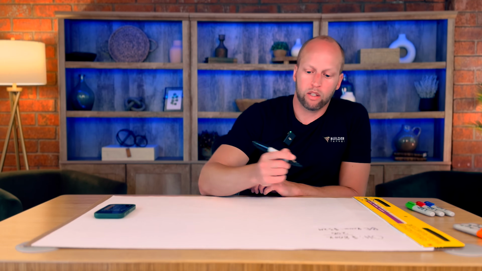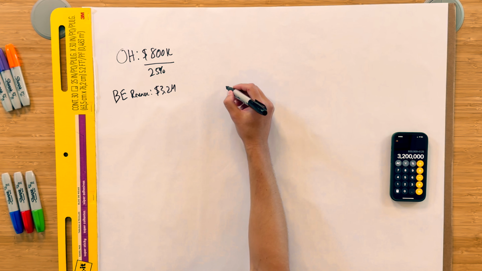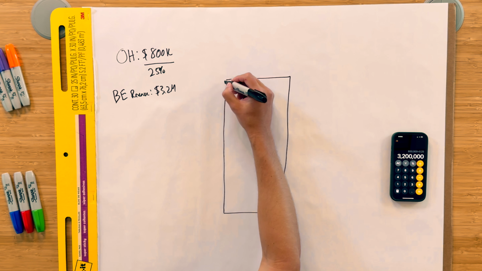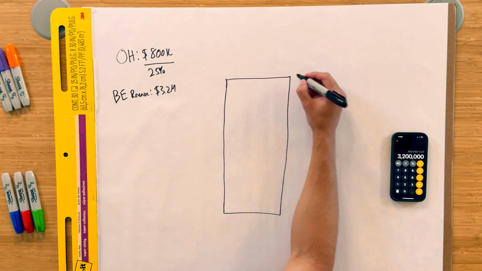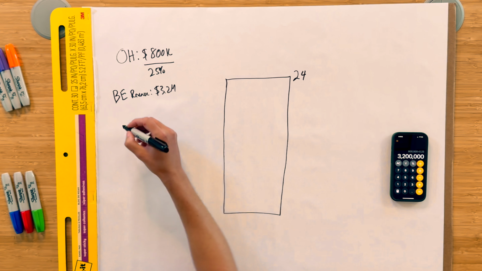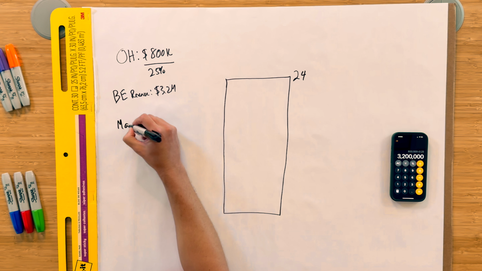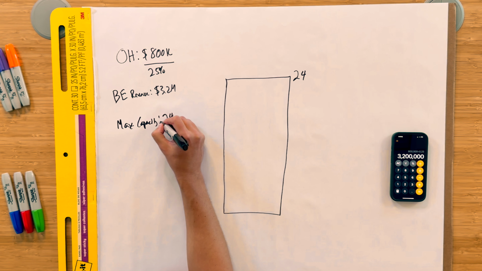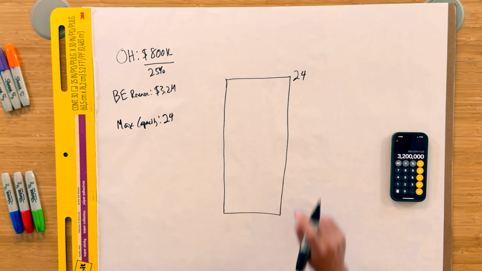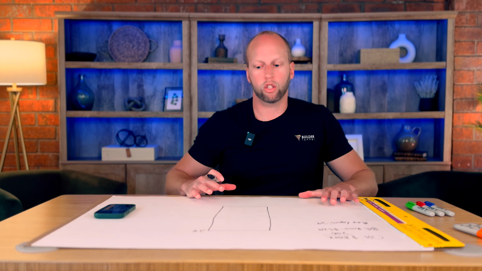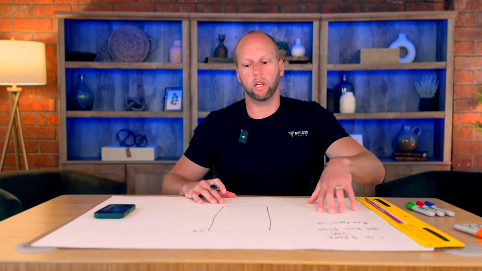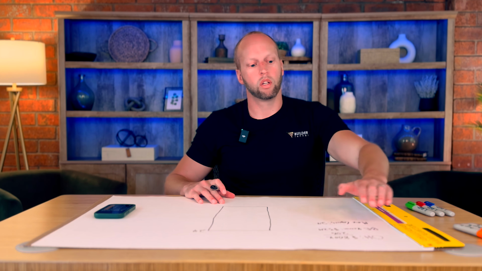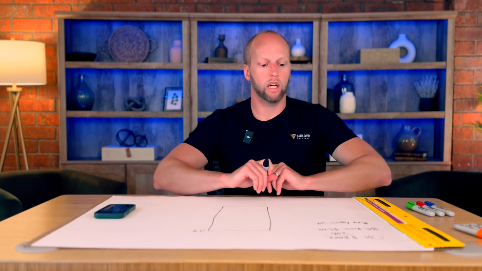Okay, so next we're going to layer in our capacity. We have figured out that our max capacity is 24. And remember, this is something that you will need to look at your team, resources, utilization rate, and your structure to determine how many of my average projects I can handle with my current overhead and team structure.